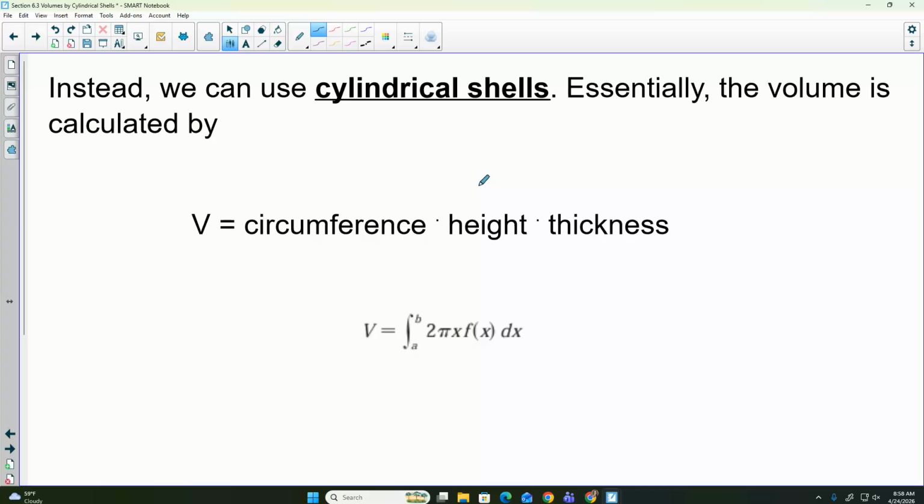This one is finding it by doing the distance around, kind of thinking more length times width times height. So circumference of a circle is 2 pi times the radius. And then our height, so our f of x, that would be our function. And then to get the volume, we integrate that. So we're basically integrating that area.